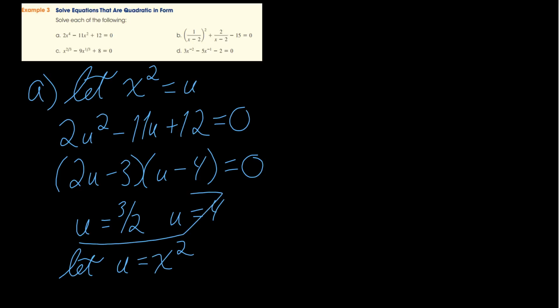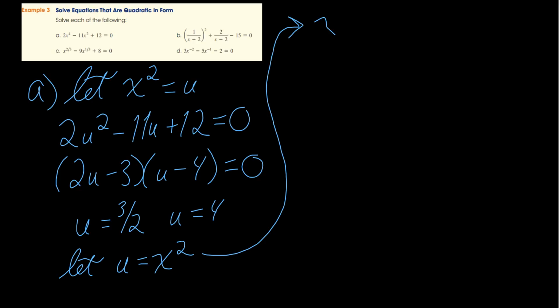Then we end up with x equal to plus or minus the square root of 3 halves, and x equal to plus or minus 2. And now we're done.